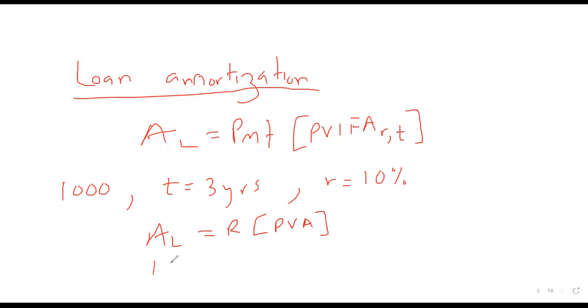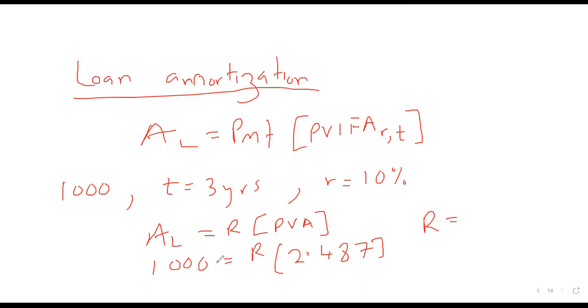So here you put 1,000. The periodic payment, we don't know. Then we've established that under 10%, under 3, it is 2.487. So we divide 1,000 by this figure. What becomes our R?